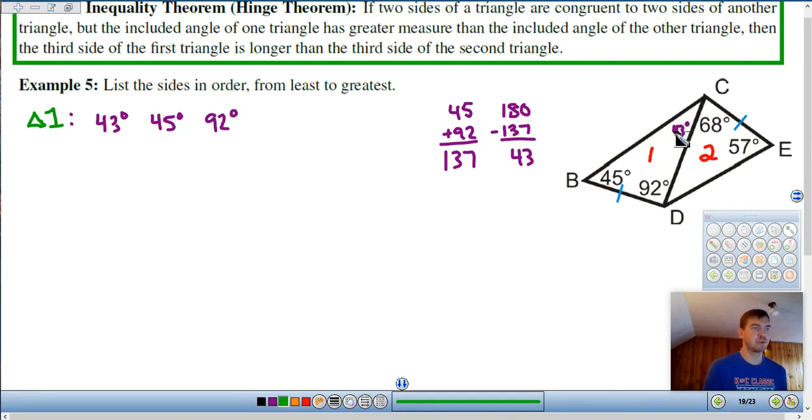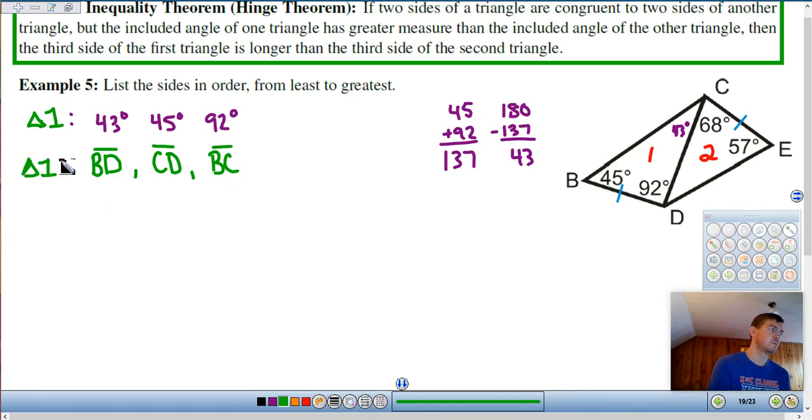So if we look at 43, what is across from that? That is side BD. Across from 45 is side CD. And then across from the 92 is BC. So in triangle 1, we have them in the right order.